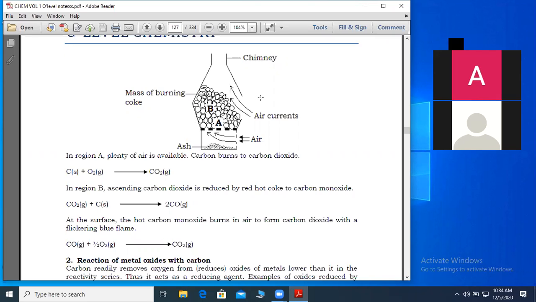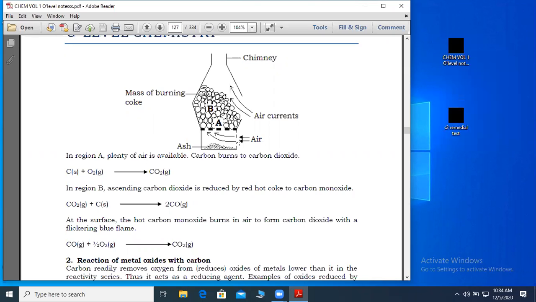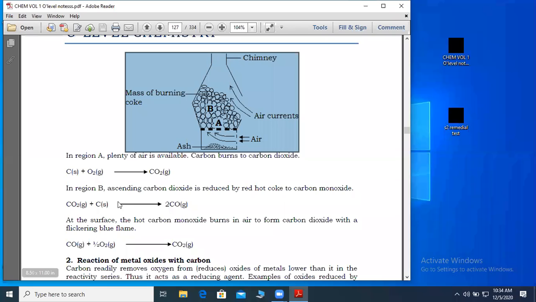In region A, plenty of air is available because the air is entering from these holes down. So carbon burns to form carbon monoxide. That is in region A. But in region B, ascending carbon dioxide is reduced by red hot coke to form carbon monoxide. The word ascending means from the bottom to the top.